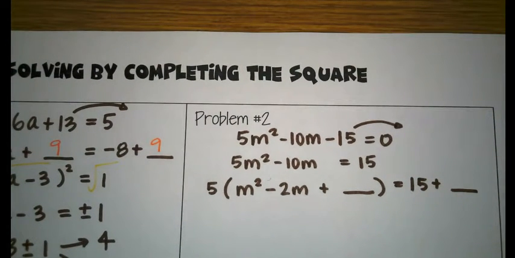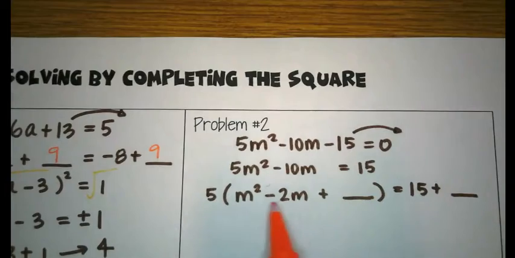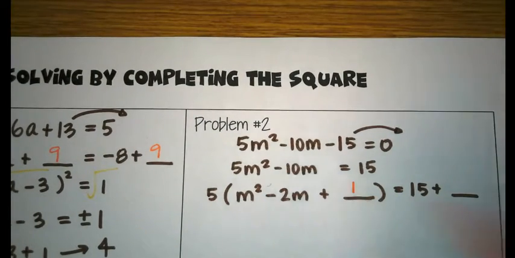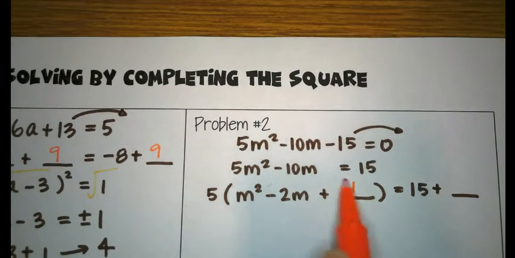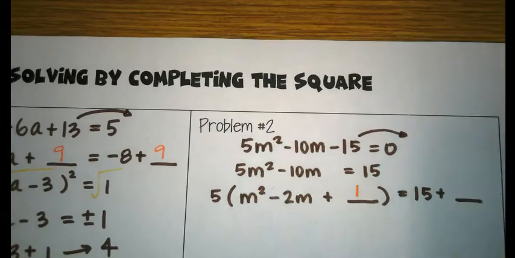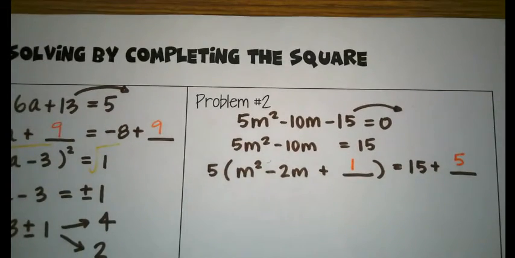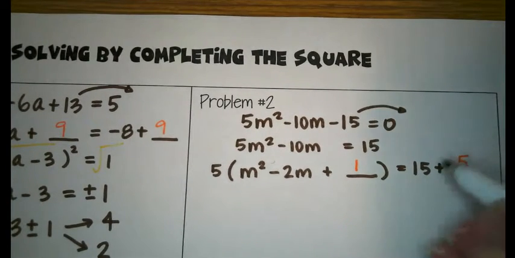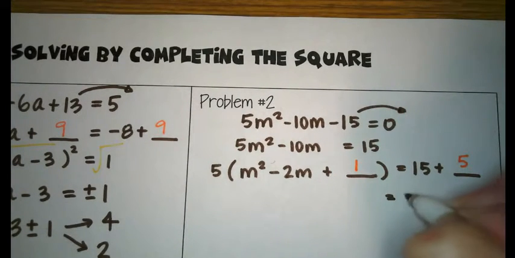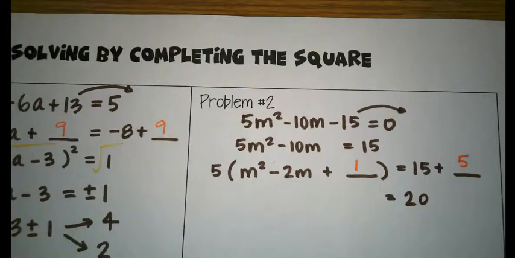And then the magic number, so half of this would be negative 1. Squared would be 1, but I'm putting a 1 here, but that 1 is going to have a 5 multiplied to it, so to keep it equal, I need to add 5 to the other side. So on the right side, that gives me 20.